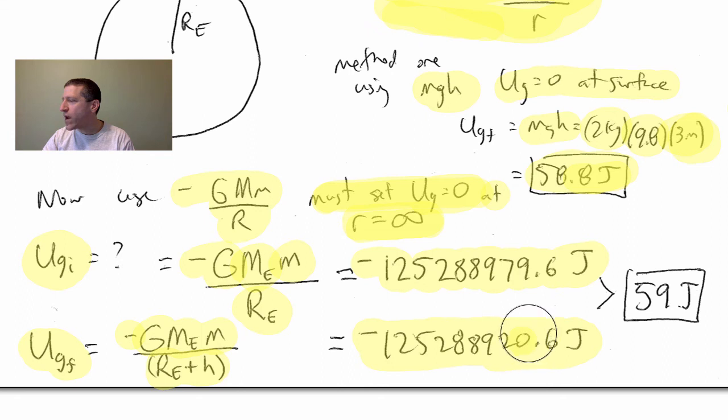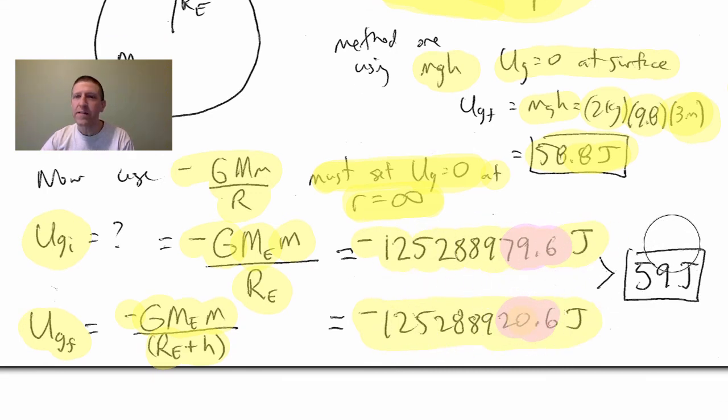Notice the difference between right here, and right here. You say, wait a second, this is a lower number, but it's a lower negative number. This is closer to 0. This is lifted higher up. It's a smaller negative number. So this is really a higher gravitational potential energy than this.